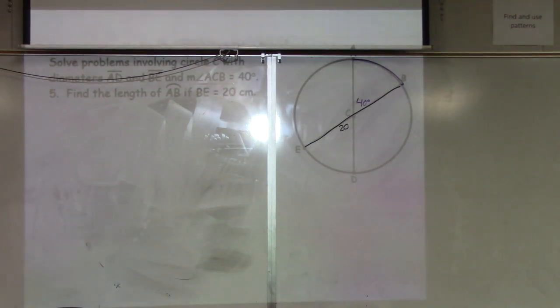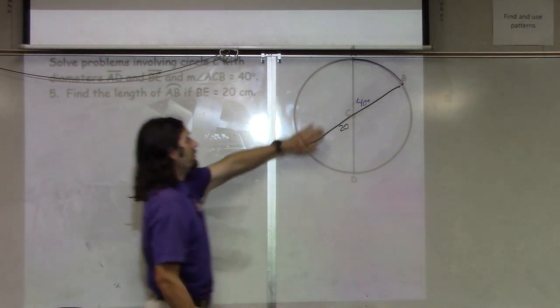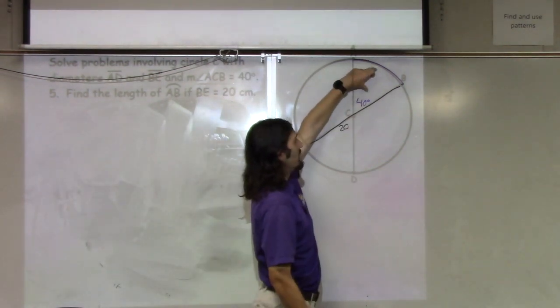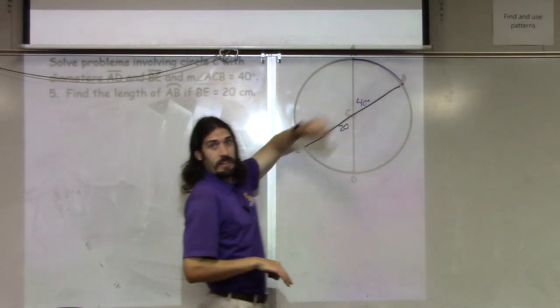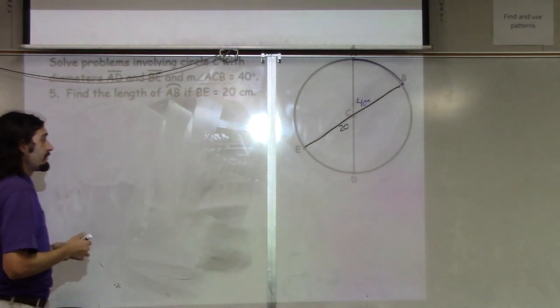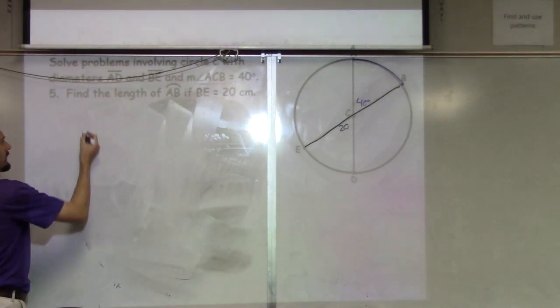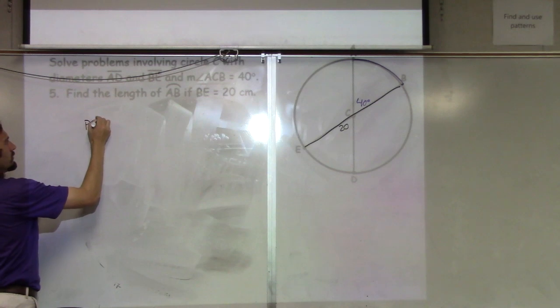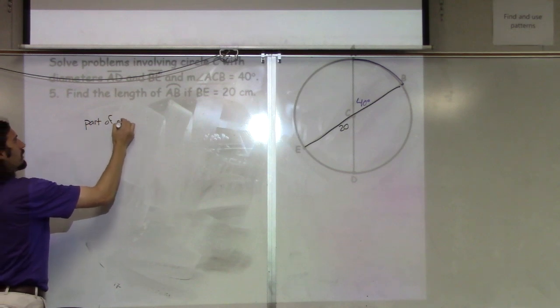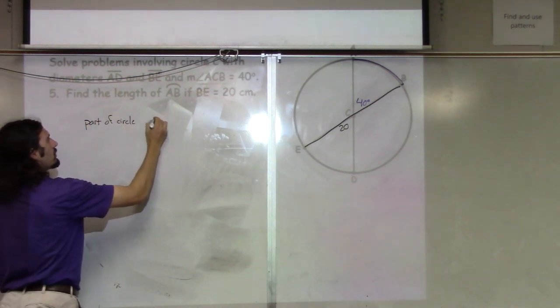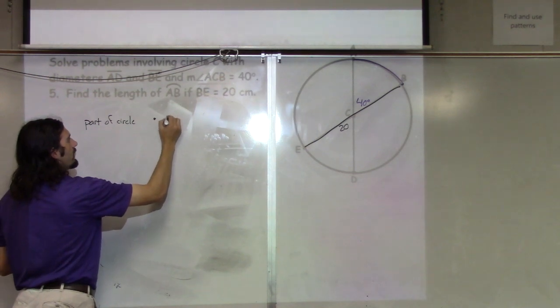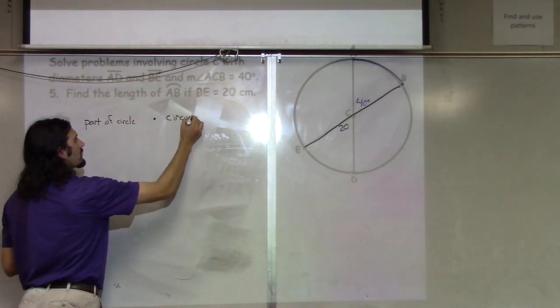Okay? So our goal is to find arc length. If it was arc measure, we would say 40 degrees, central angle matches intercepted arc, done. But it says arc length. So the parts that we need, part of our circle, and then we're going to multiply it by the whole circle, or the circumference.